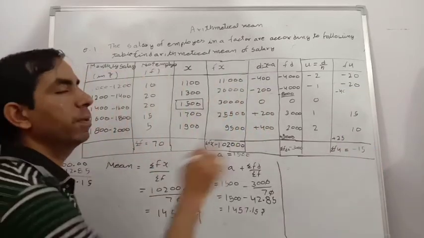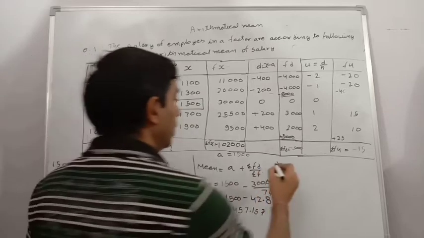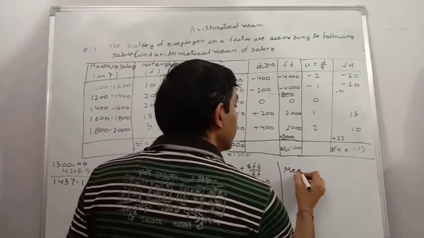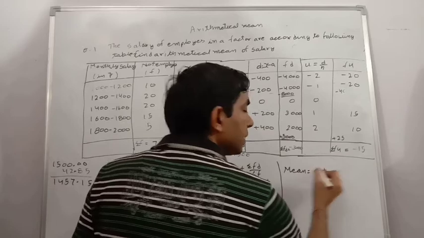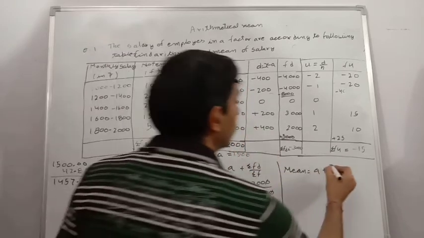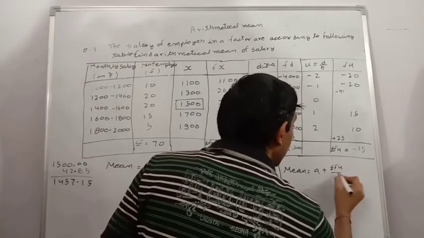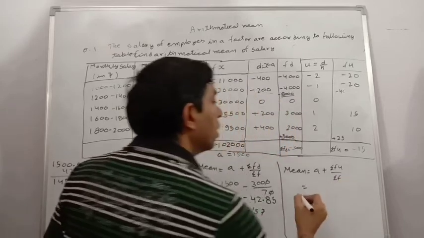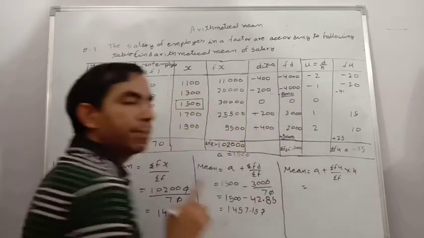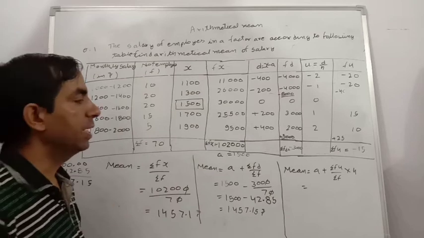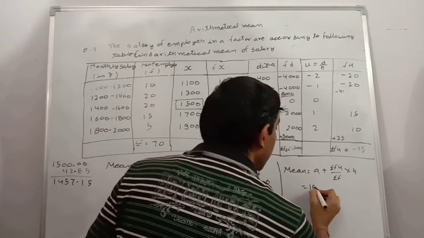And we use the assumed mean formula of fu. Here mean is A plus summation of fu upon summation of f multiplied by h. A is 1500.